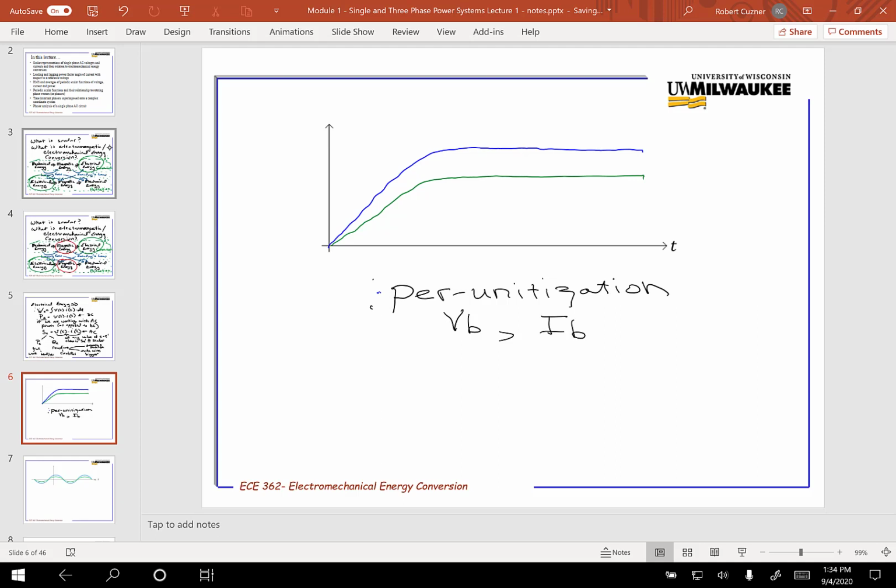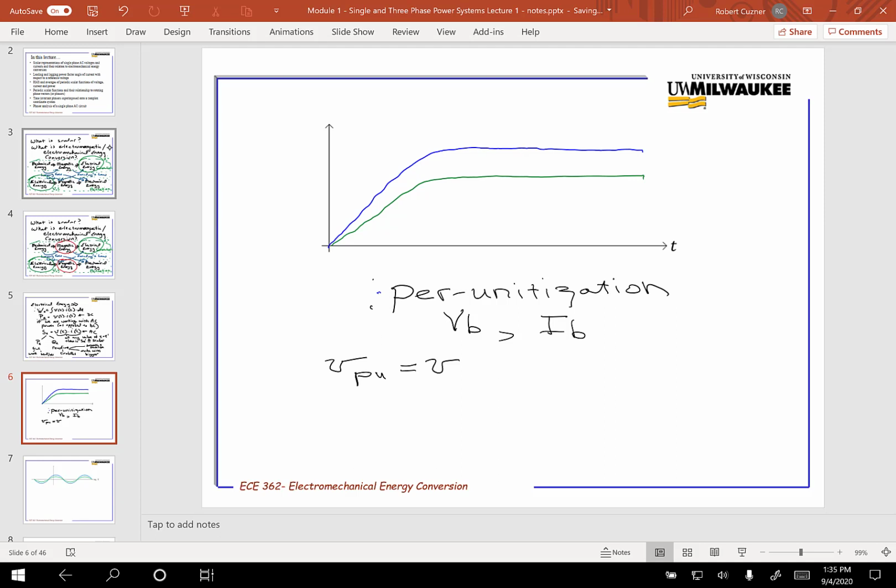And the voltage that we're operating at, shown by the blue curve here, would be V. And if I want to put everything on the same scale, I will put it on a per unit scale, which means that I will have this V PU.